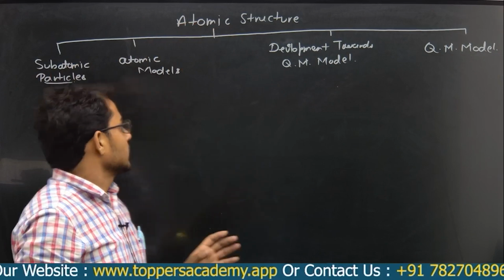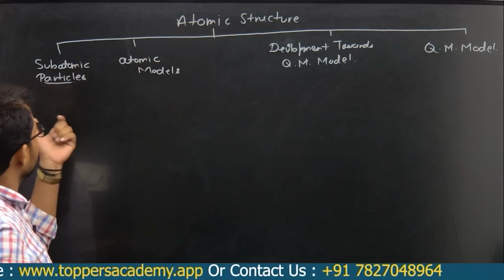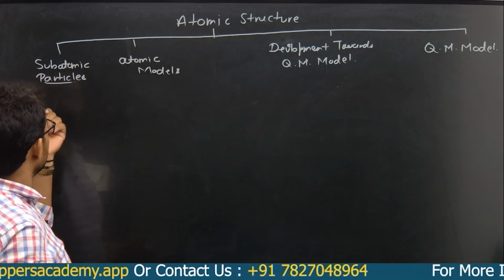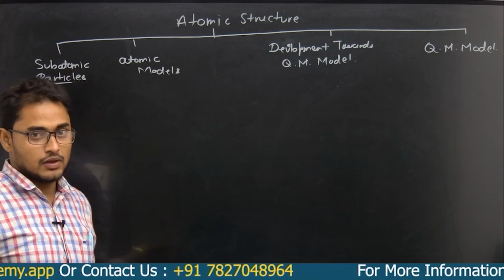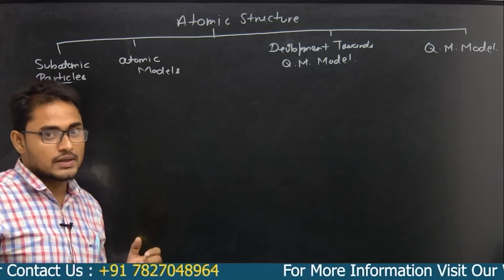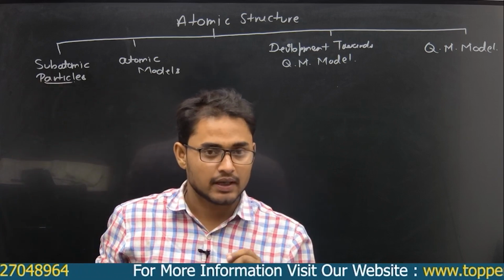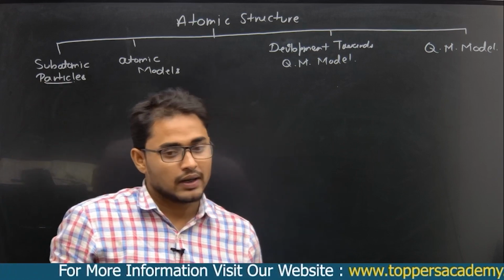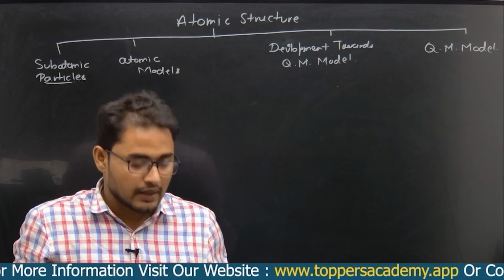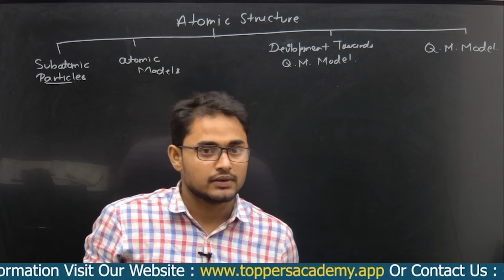In the first part of this chapter, that is subatomic particles, we see what types of subparticles are present in an atom.